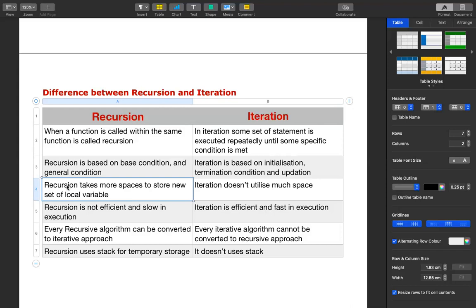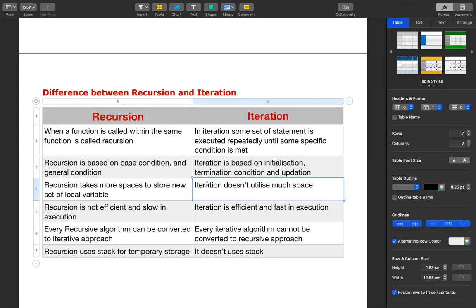If you make 100 recursive calls, the function has been copied 100 times. Since a function also occupies some space, you can imagine that 100 copies of the same function means recursion takes more space. Whereas iteration does not utilize much space. It just works for that iteration; we are not copying, we are repeating the statement.